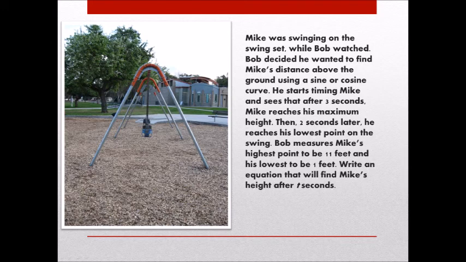He starts timing Mike and sees that after 3 seconds, Mike reaches his maximum height. Then, 2 seconds later, he reaches his lowest point on the swing. Bob measures Mike's highest point to be 11 feet and his lowest point to be 1 foot. Write an equation that will find Mike's height after t seconds.